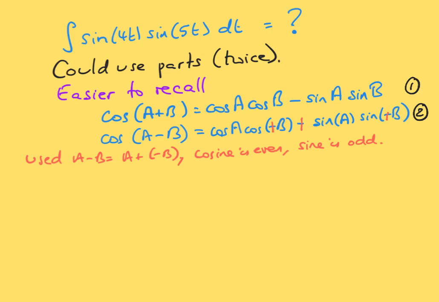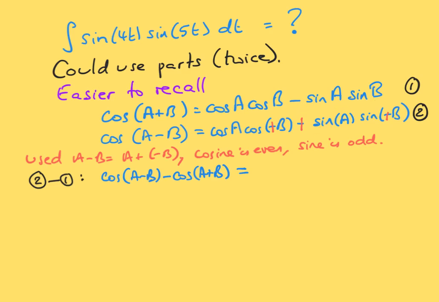So we now take equation 2 minus equation 1, and that's going to give us, well, on this side, cos of A minus B minus cos of A plus B. So we're going to get cos of A minus B minus cos of A plus B is equal to, and on this side, the cosines will cancel and the sines are going to double up because we have that minus minus this.